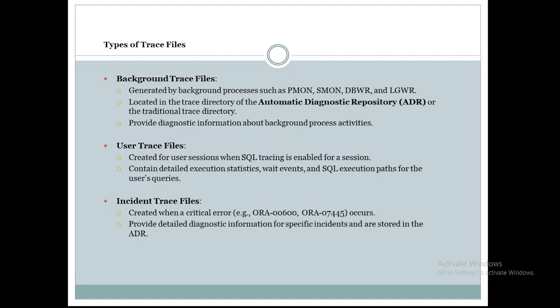First, background trace files. These are generated by background processes such as pmon, smon, dbwriter, and logwriter. LGWR is logwriter. These files are generated by these background processes only, and they can be located in the trace directory of the automatic diagnostic repository, or the traditional trace directory.